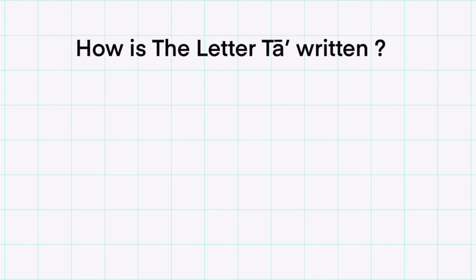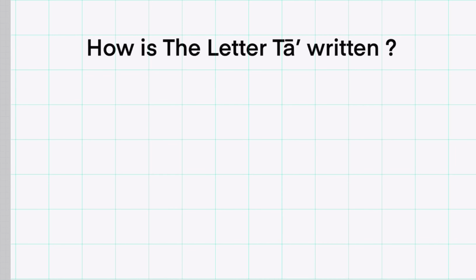So how is the ta letter written? Luckily, the ba, ta, and tha letters look very much alike except for where you put the dot or dots below or above the body of the letter.